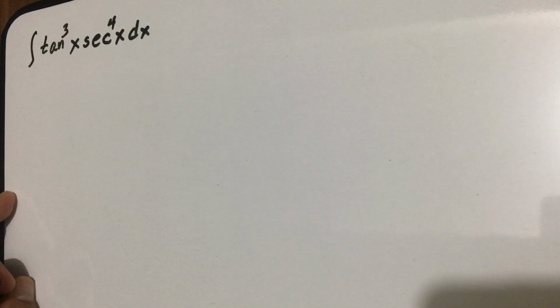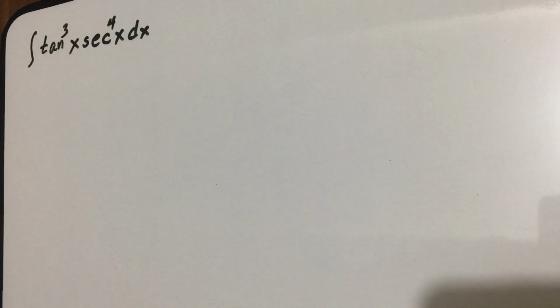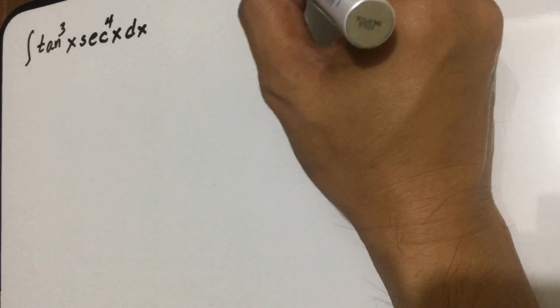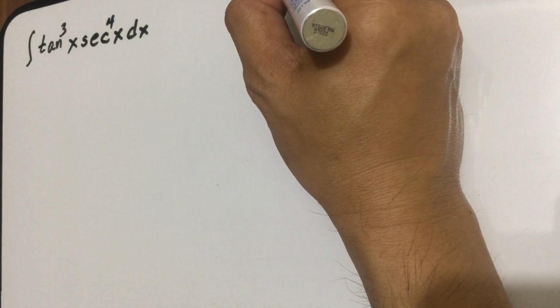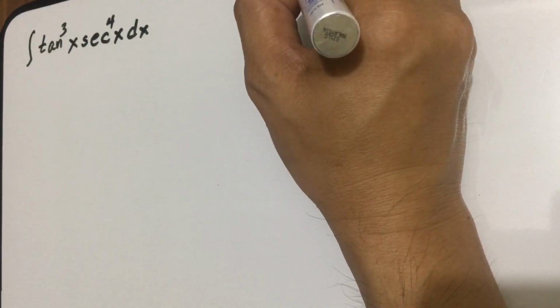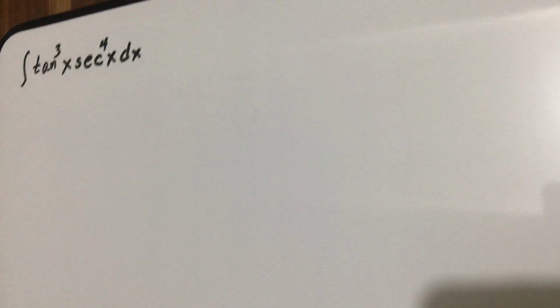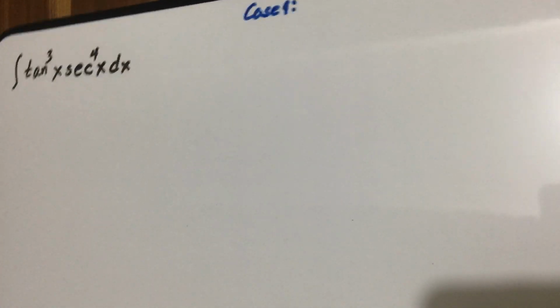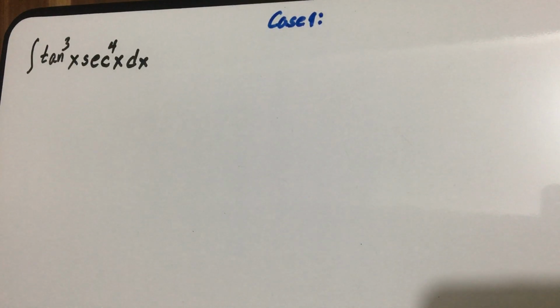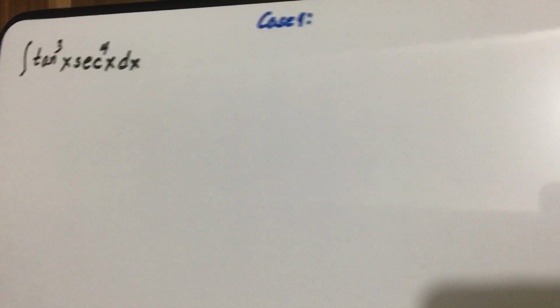As the rule says, when m is odd, and as you can see here our m is odd, so this is case 1, m is odd.